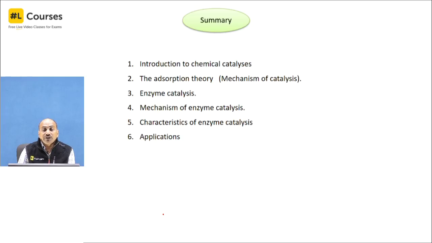The third point related to enzyme catalysis was its characteristics. It works better at optimum temperature and optimum pH, it is absolutely specific, and it brings about the reaction in a huge way with small quantities. We also discussed the many applications of surface chemistry as well as adsorption, chemical catalysis and enzyme catalysis.